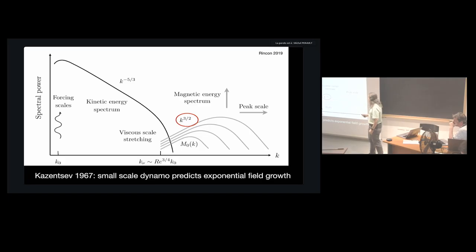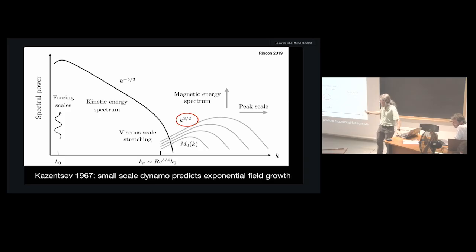And this has a consequence that as the magnetic energy exceeds the viscous scale kinetic energy, this will tend to saturation. And indeed, we see from numerical models saturation at about 1% of equipartition with the kinetic energy of the flow.